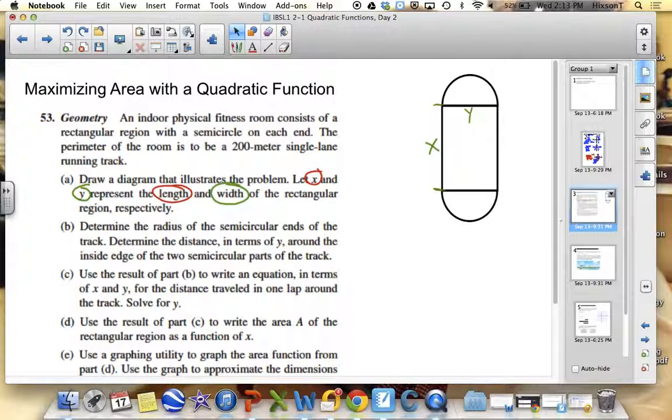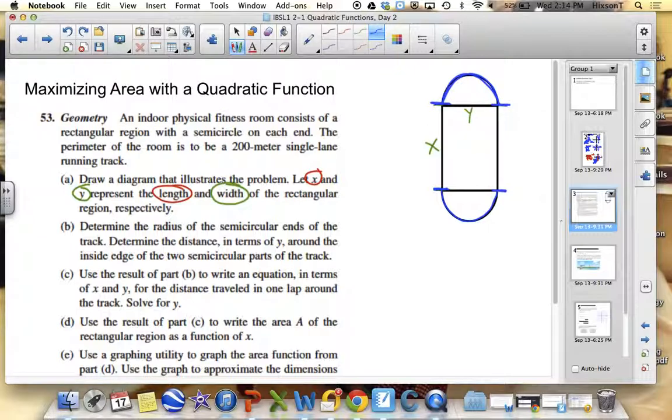Now, part B, determine the radius of the semicircular ends of the track. Determine the distance in terms of y around the inside edge of the two semicircular parts of the track. So now, in terms of y, we want this distance plus this distance.